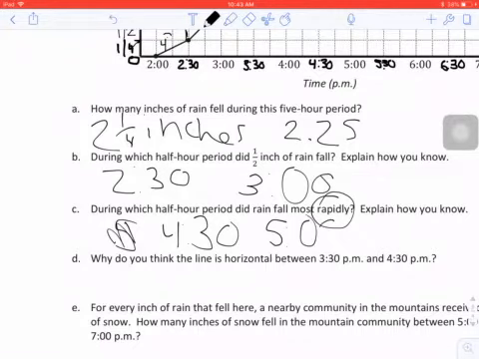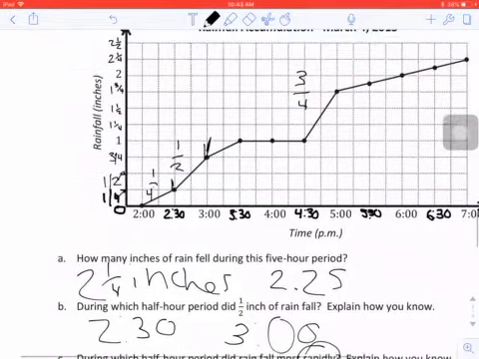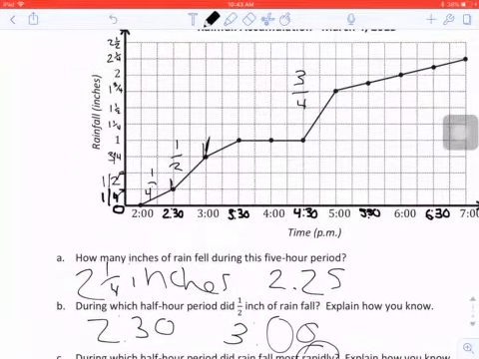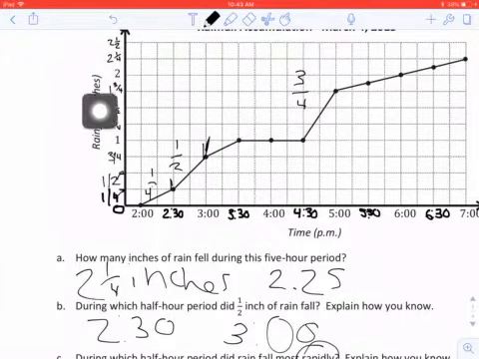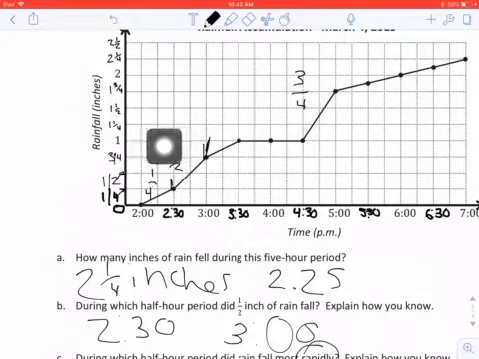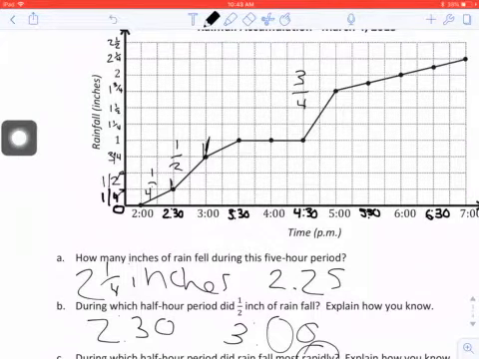So I would say something like rain fell most rapidly from 4:30 to 5 p.m. because the line is the steepest. That is where rain fell the most rapid. After that, it would be something like right here, where it was the next steepest line. Okay?